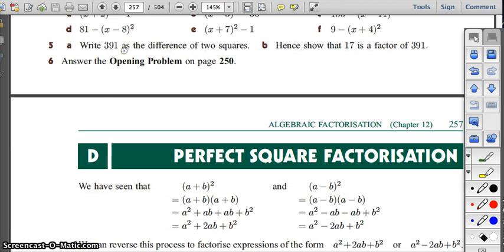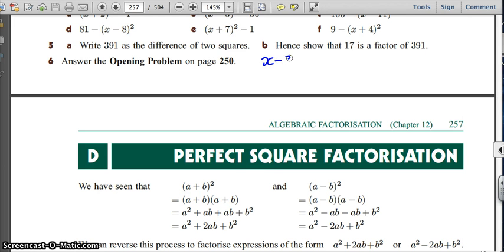Okay, so 391 is the difference of two squares, where you could have, if you were to get something like that, then could you not do something like that? And then you could show that, if I put it underneath, you'd have x plus 17, x take 17.